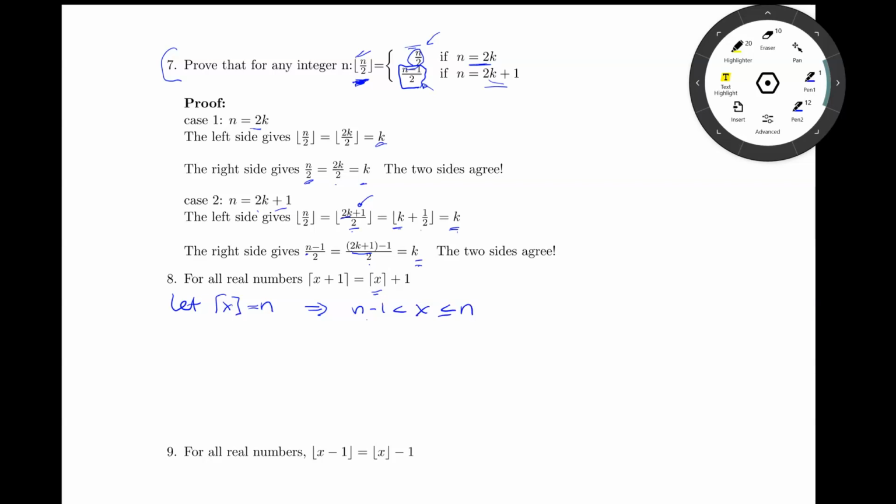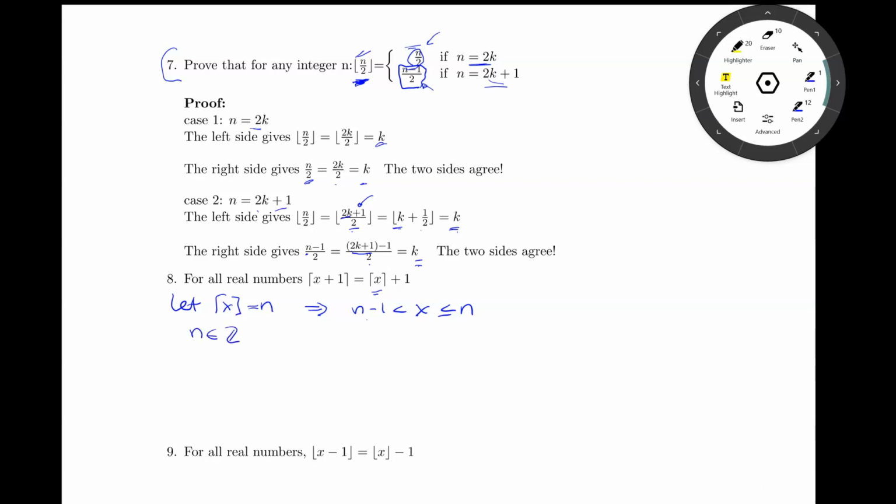This is a fact. So in proofs you always want to start with facts and use them. So the ceiling of x is n. The integer that's greater than or equal to x is n, and n minus 1 is smaller than it. And I should say n is an element of the integers, right?